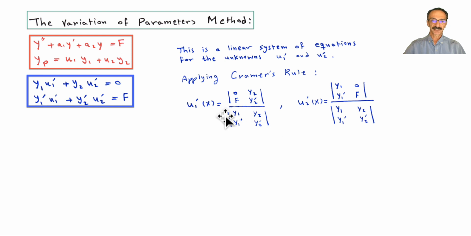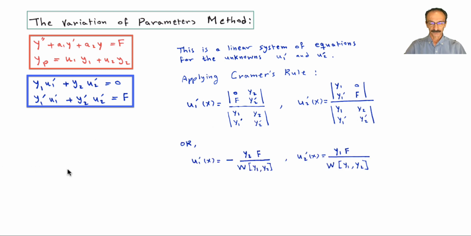So we usually take care of the denominator first, so we don't have to do it here and here again. We'll just finish it on the side and come back to these fractions, kind of like lengthy fractions, but that's going to save us some time to find these two first, which are the same. So in short, on top, 0 times y2 prime as a determinant minus f times y2 will be written as minus y2 times f.